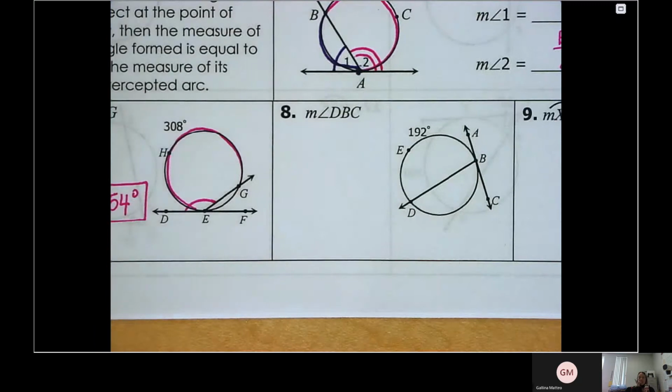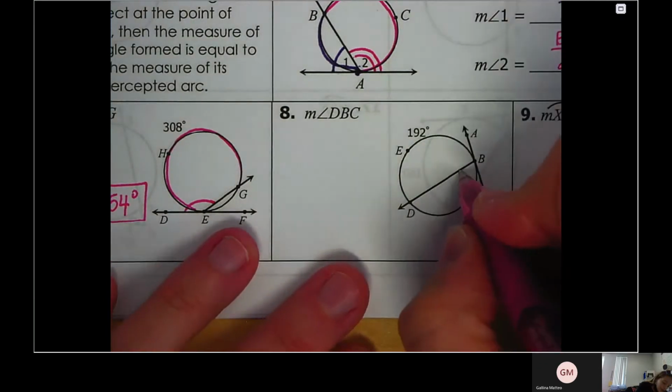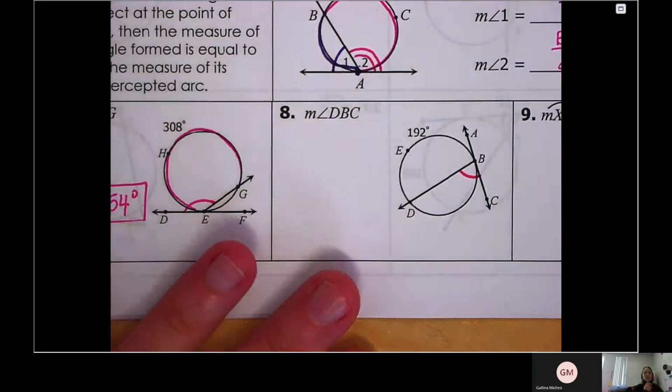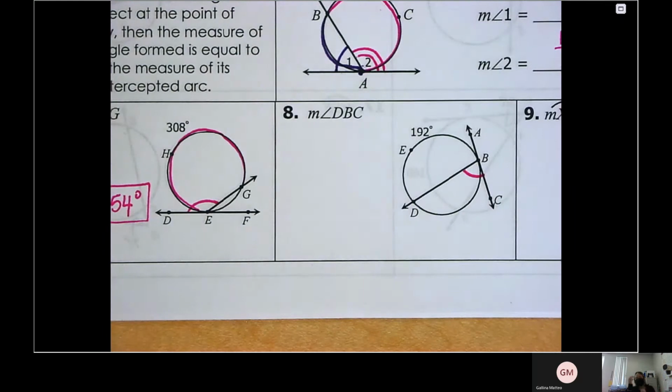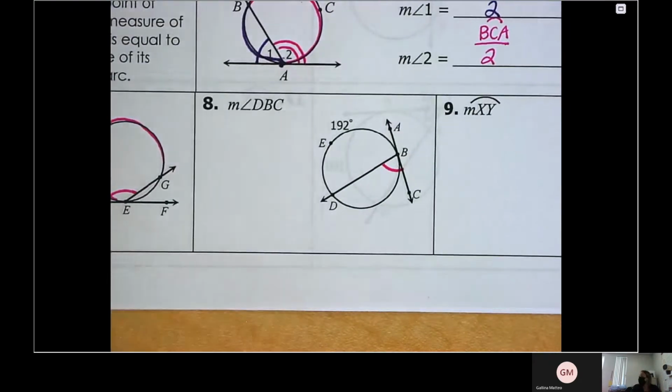Let's try the next one. Number 8. Angle DBC. DBC is this angle right here in pink. Now, what's the problem with this question? It doesn't give me everything that I need.